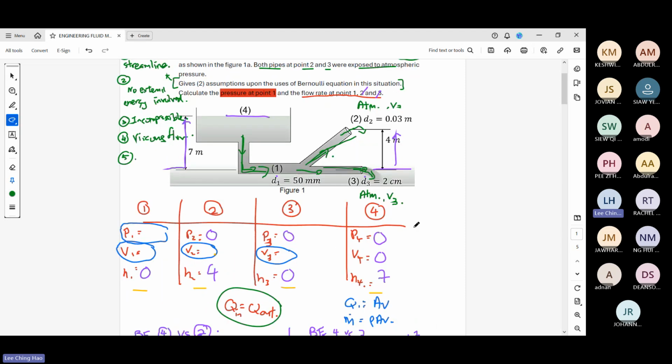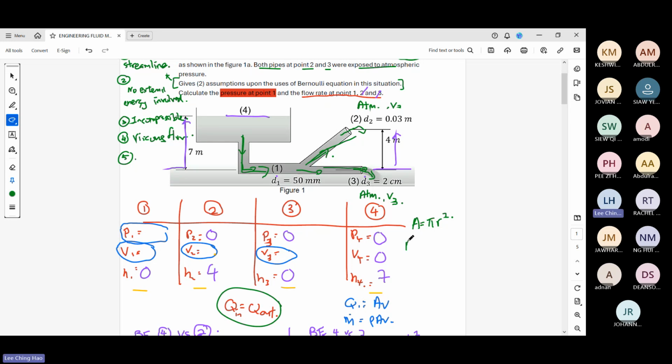So let me tell you, area equals pi r squared. If you use pi d squared over 4, it's okay, but do not mix. I see a lot of people use pi r squared over 4, which is wrong. So either you use pi r squared or pi d squared over 4.